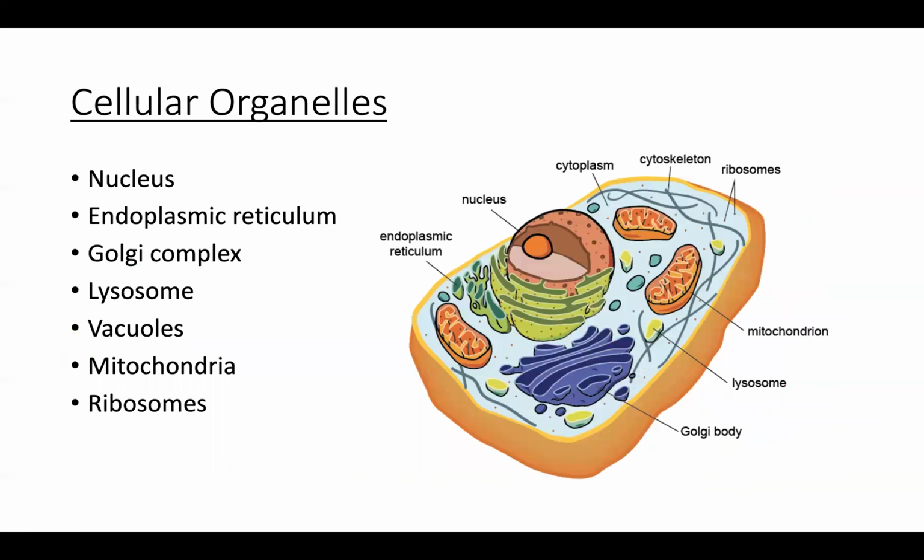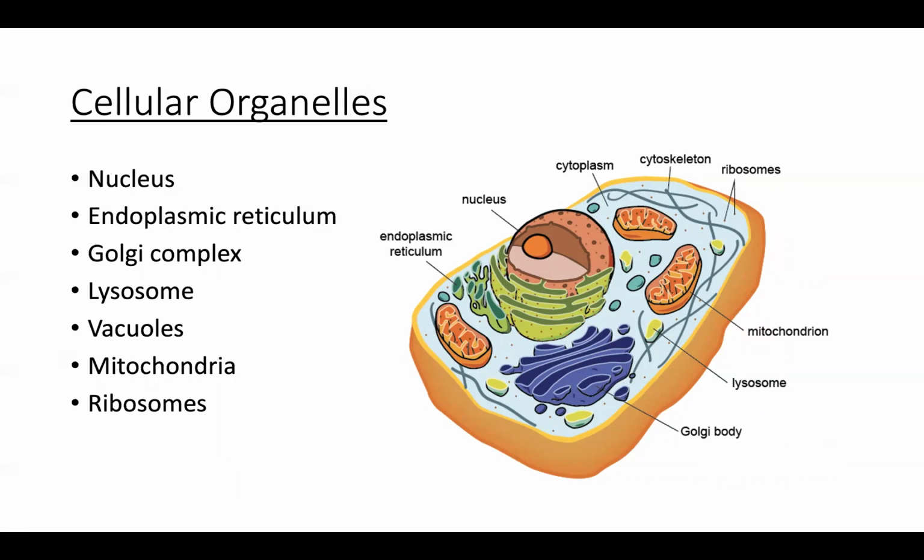And then I would like for you to spend some time understanding the remainder of the cellular organelles that are found in eukaryotic cells. Okay, so we're talking about the nucleus, endoplasmic reticulum, Golgi complex, lysosomes, vacuoles, mitochondria, ribosomes.